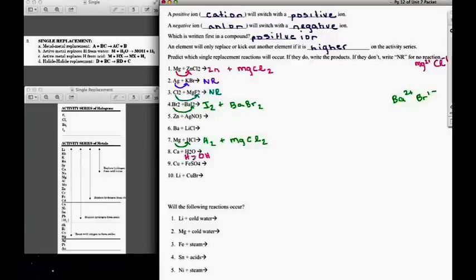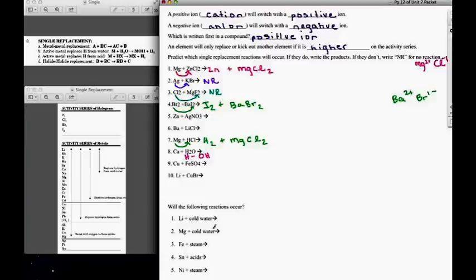So they will kick out that hydrogen and form with the OH with cold water, because cold water is, we'll talk about movement of molecules, but that is basically the hardest to react with, something that's cold. Hot substances are the easiest to react with because your particles are moving so fast. But what this is saying is that within these lines, these elements are so reactive that they will react.